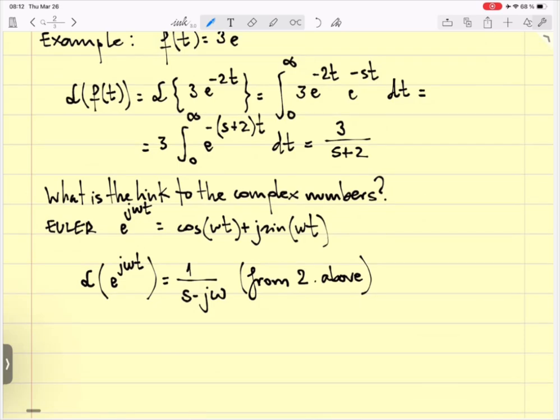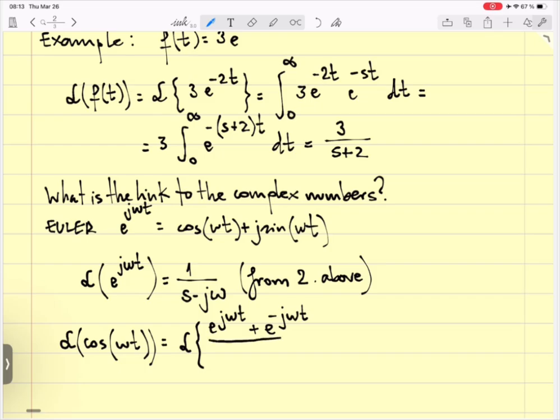So which one is the Laplace transform of the cosine of omega t? The Laplace transform of the cosine is the Laplace transform of the positive exponential plus the negative one, divided by 2.